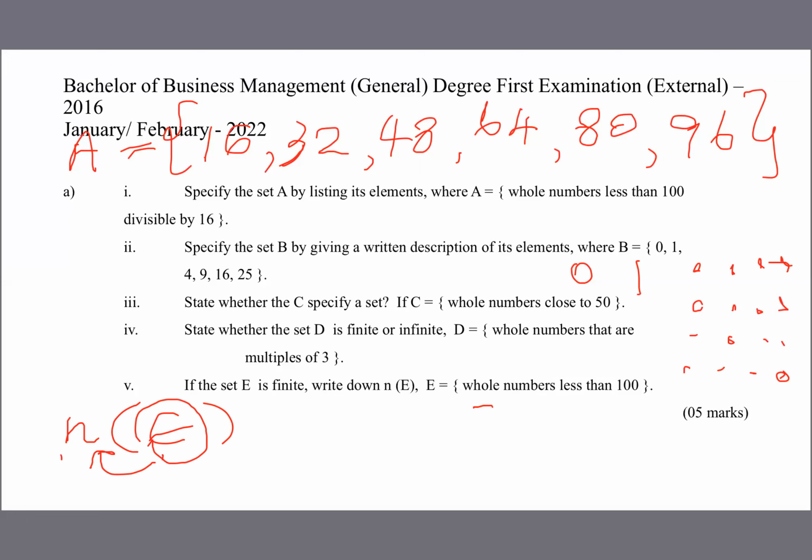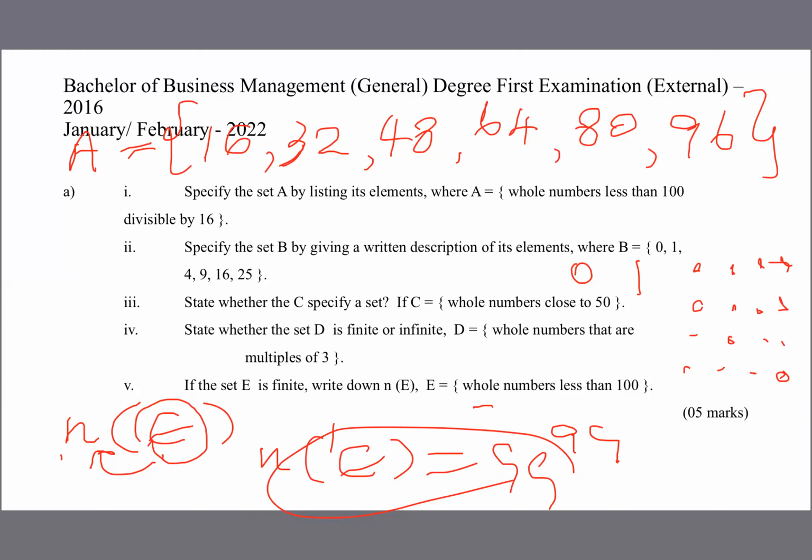Here, whole numbers less than 100, counting from 1, it becomes 99, because it is less than 100. So you can write n(E) equals 99. That is a very easy one.